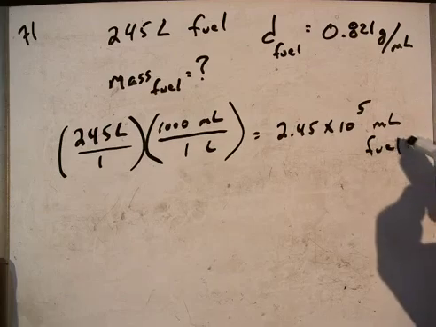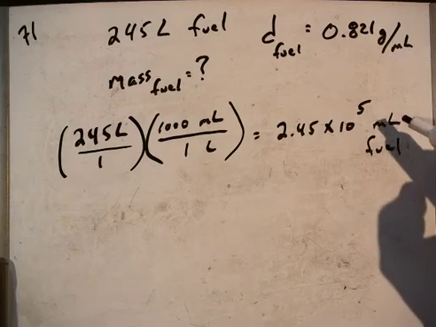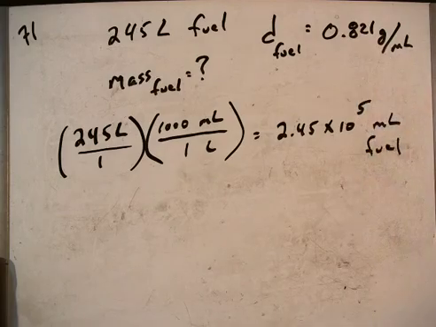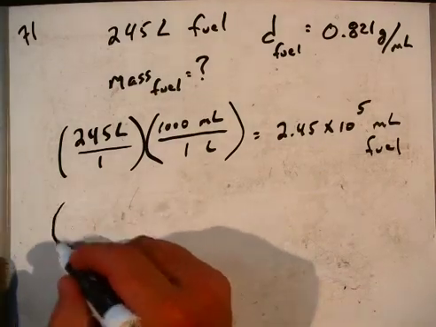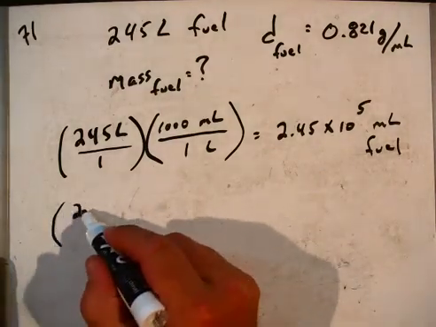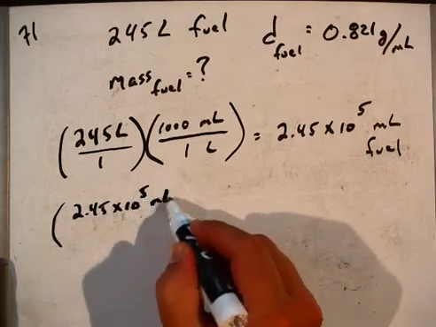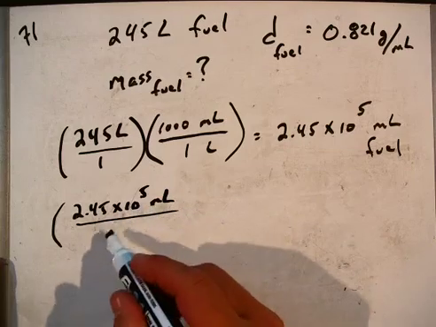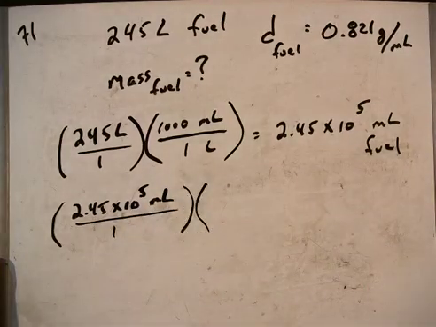So now that we're in terms of milliliters, we can now use our density to cancel out milliliters and get in terms of grams, convert our volume into a mass. And so we would have our 2.45 times 10 to the 5th milliliters. And I just put that over 1 since there's no units in the denominator.